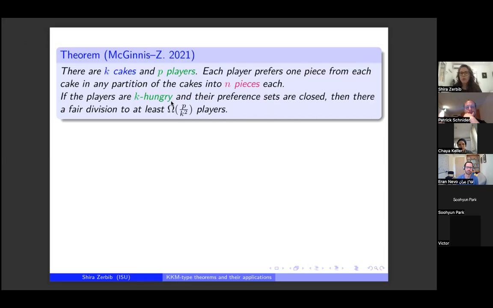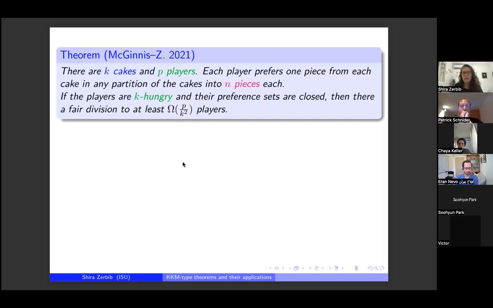But now not all the players are hungry, but in any large enough collection of them, at least one player is hungry. So every time I pick n minus k plus 1 players, at least one of them prefers a non-empty tuple of pieces. Then we can still ensure that we have a fair division to the same number of players as before.